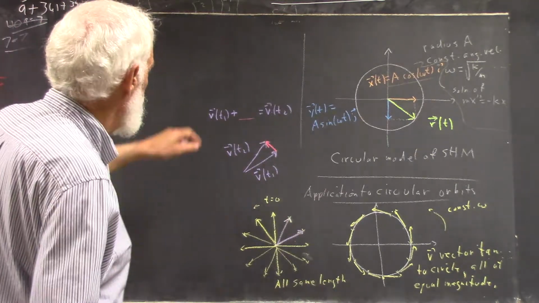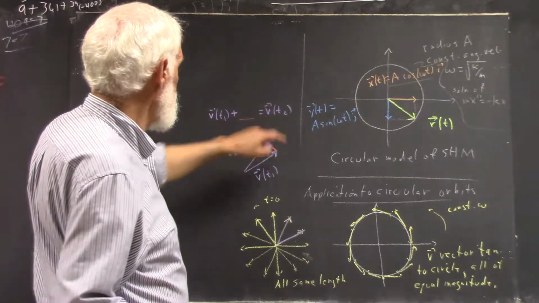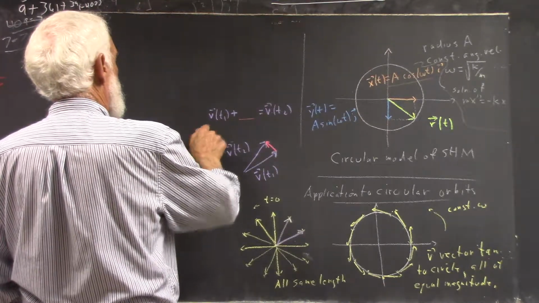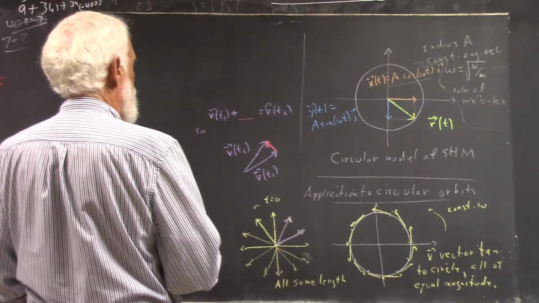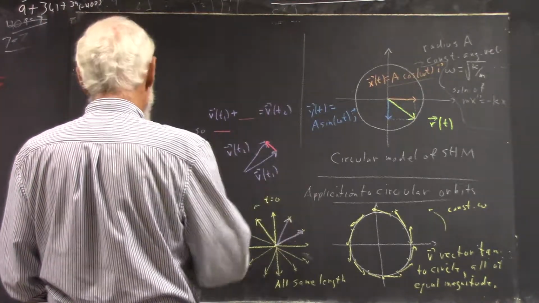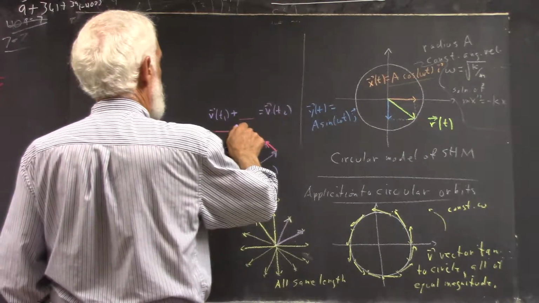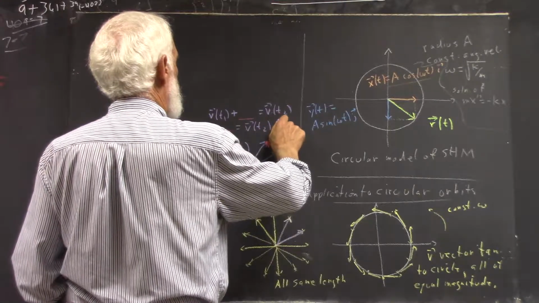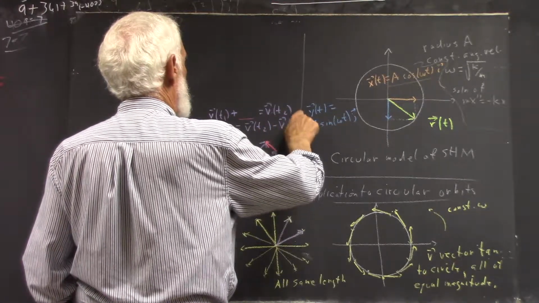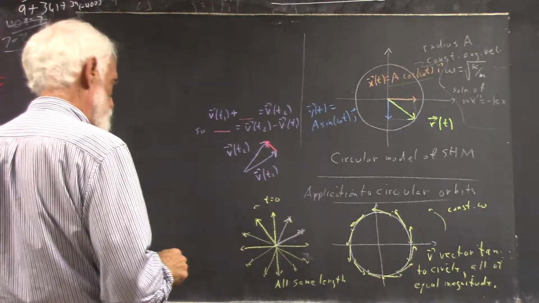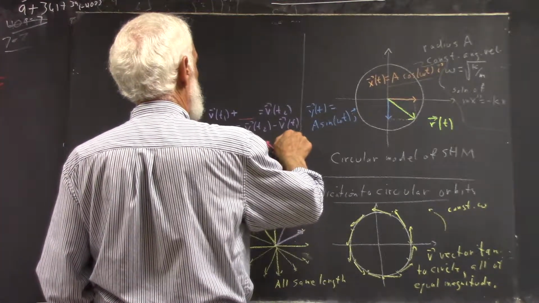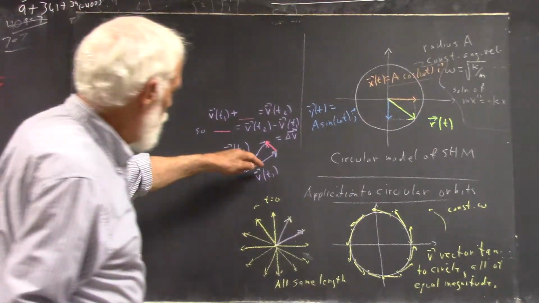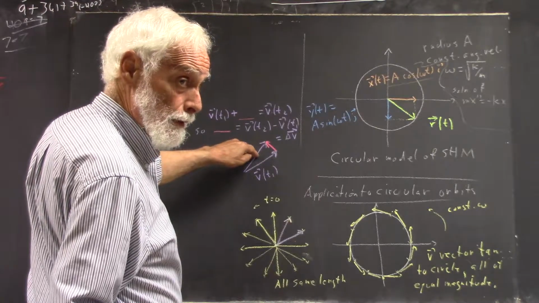So v of t1 plus whatever this vector is equals this. So this vector equals v of t2 minus v of t1, which I'll call delta v, the change in the vector from here to here.